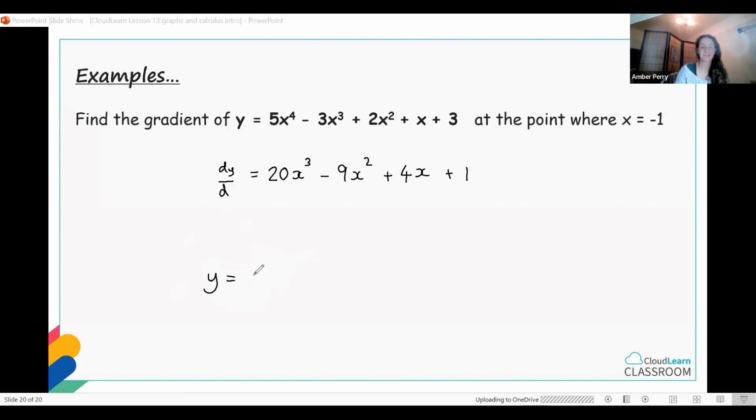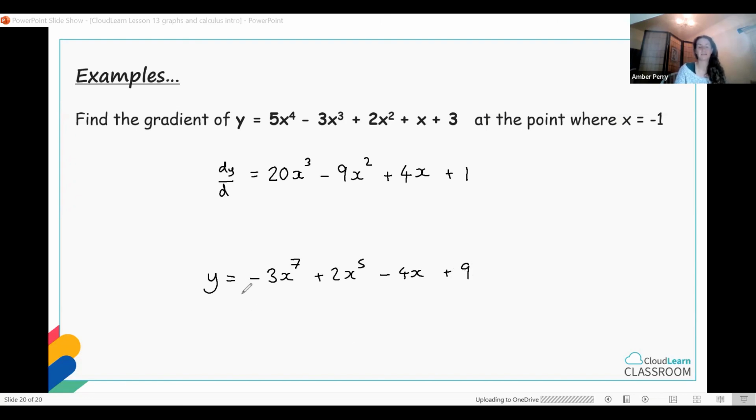Okay, so I'm just going to pick some random numbers. I'm going to make this one a negative, minus 3x to the power of 7 plus 2x to the power of 5 minus 4x plus 9.